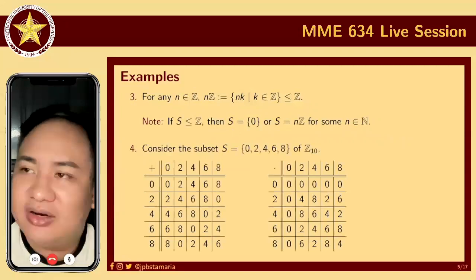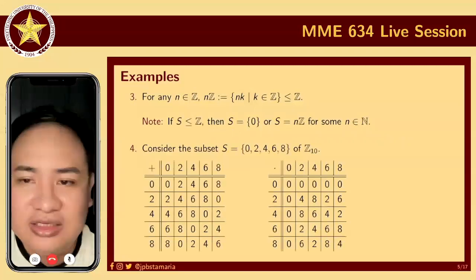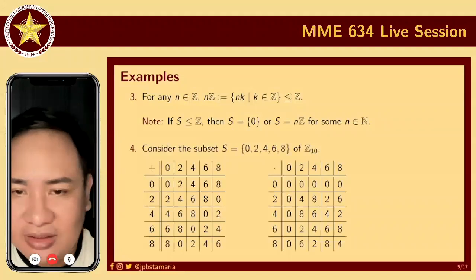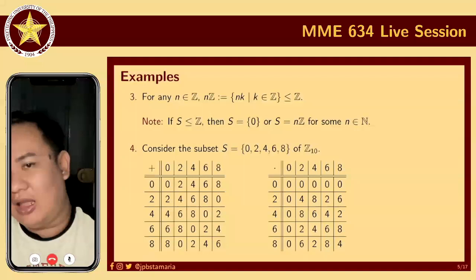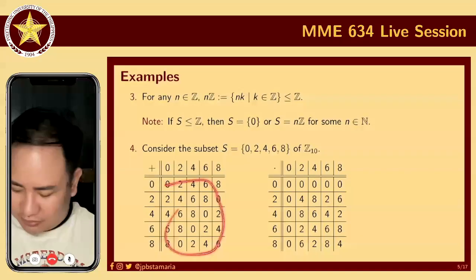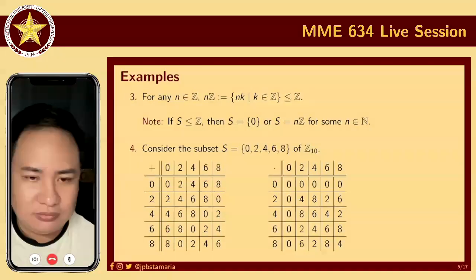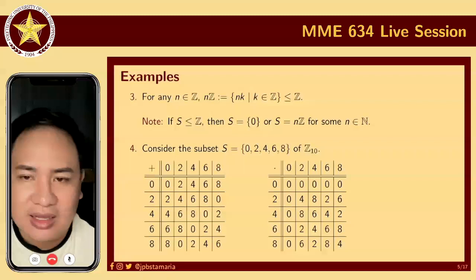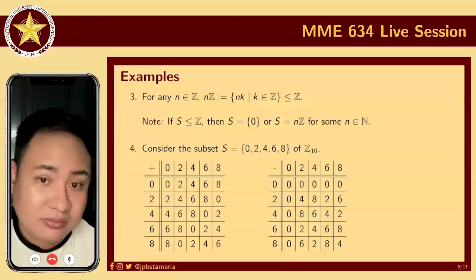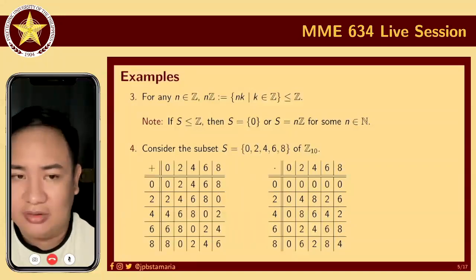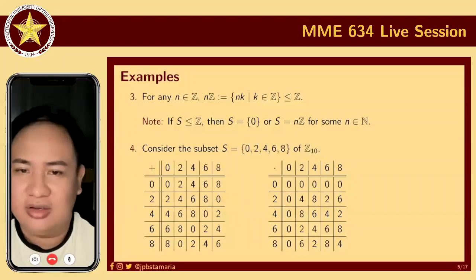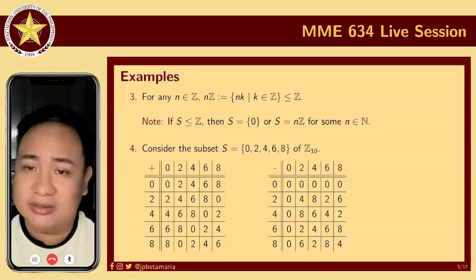I have created here the addition and multiplication table for Z sub 10, for S. When you look at the sums and the products, did a 3 come out? Did a 7 come out? None, right? The only results are among 0, 2, 4, 6, and 8. So it is closed under subtraction and multiplication. Nothing weird comes out.